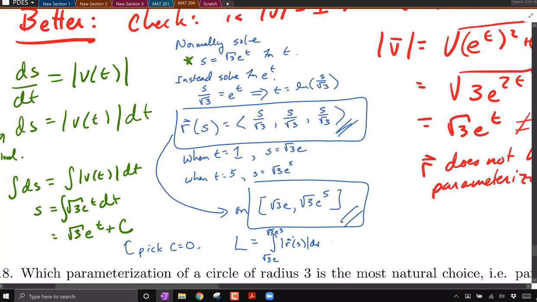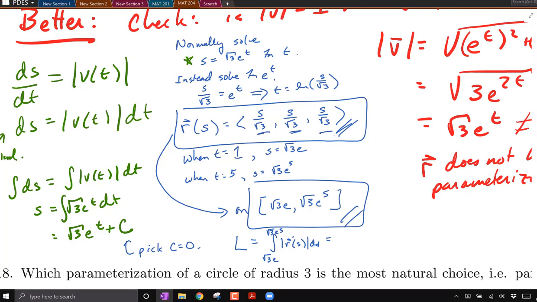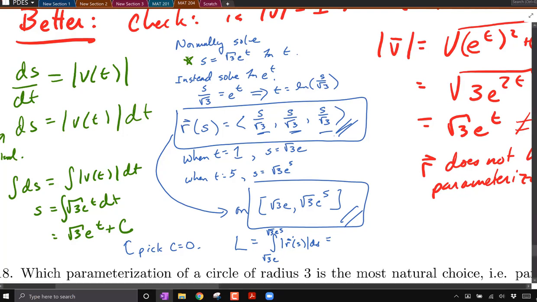And you can check this, folks. Take the derivative of this. You've got 1 over square root of 3 for each of the components. Square each of those components and add them up, and you end up with 3 over 3, or 1. When you take the square root of that, you get 1. So this has a velocity of magnitude 1.